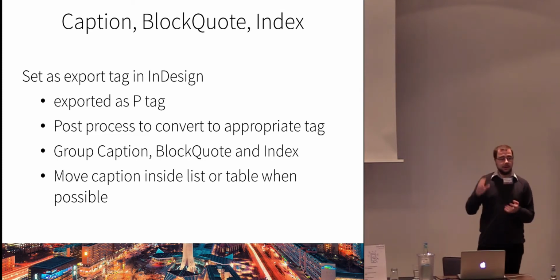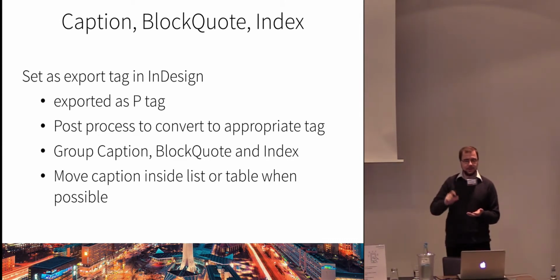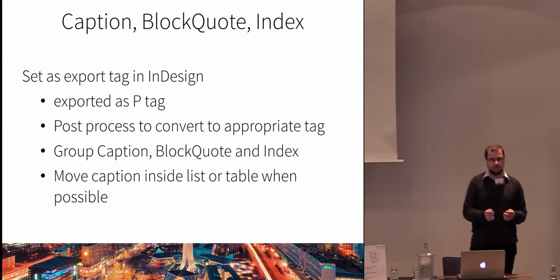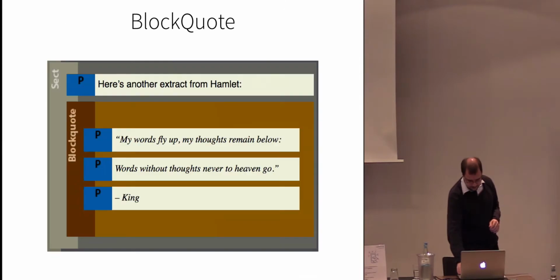And additionally, if you have a caption for tables or lists, we also move that caption inside the list or inside the table. So it's actually content of the table. You will see that later.